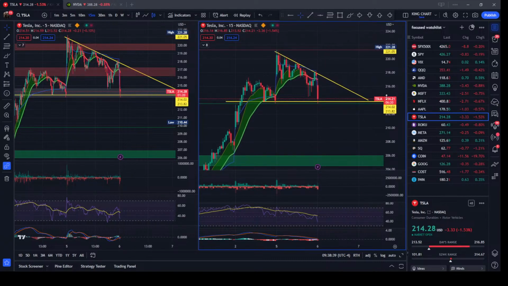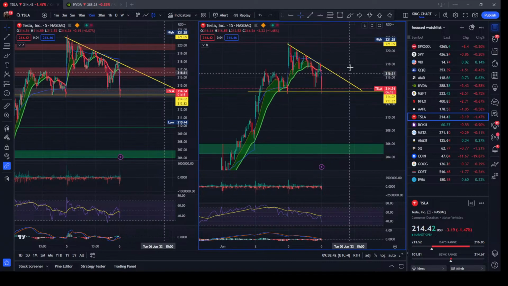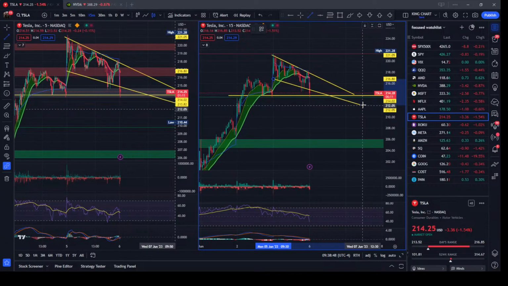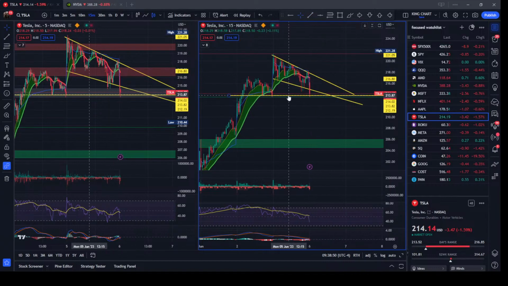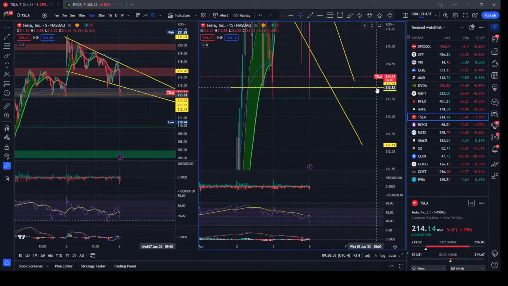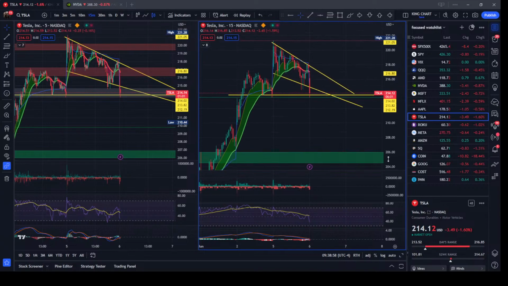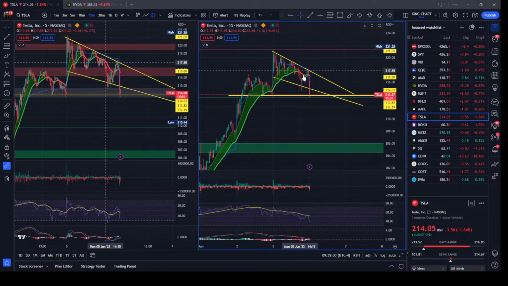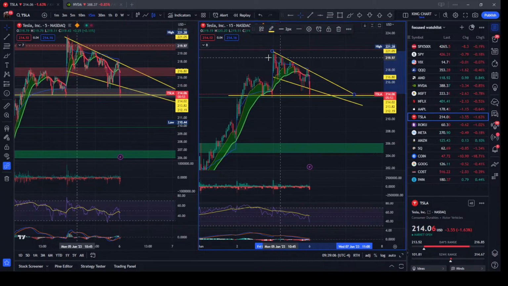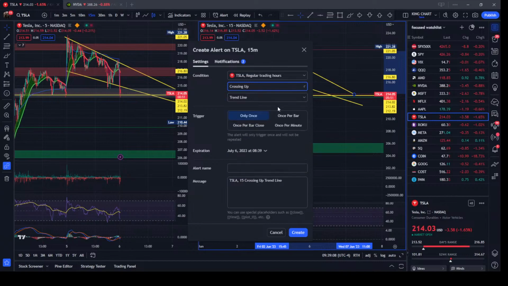All right, so we actually have a little bit of a bull flag forming here. Nice support here at 213.82. And we have a little bull flag that's forming there. Let's see if we can stay within this range and break out. Tesla's always fun to play in the morning.